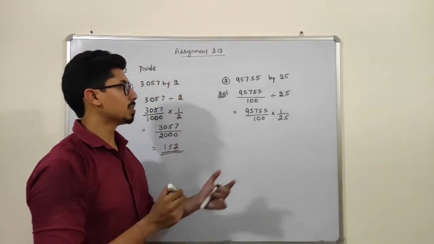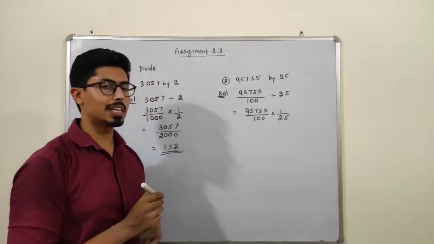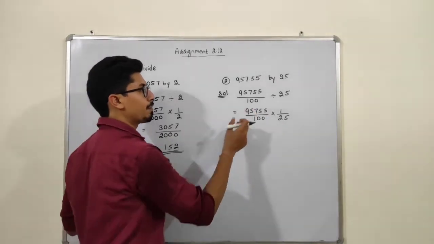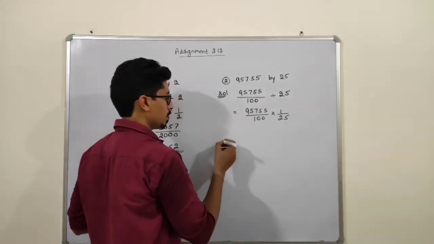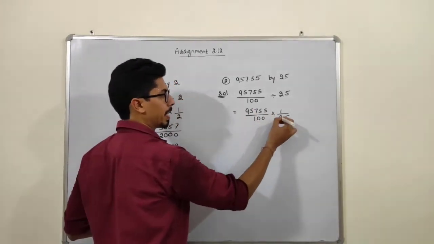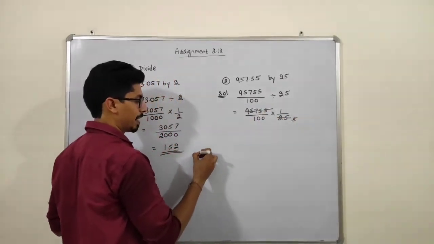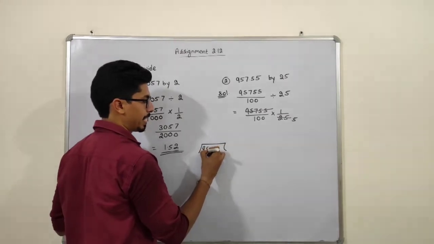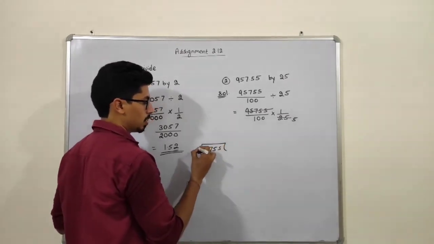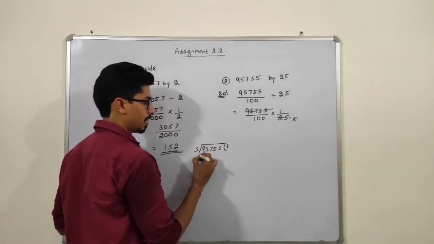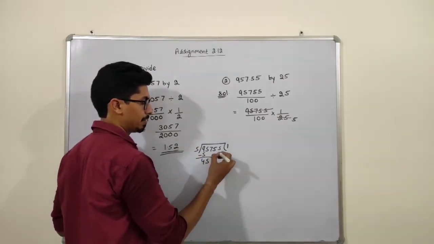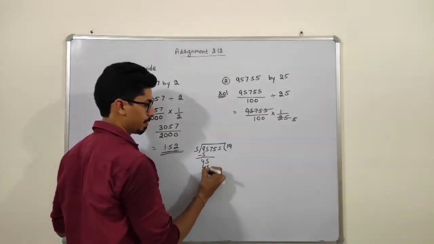Now what I'm going to do is cancel these numbers. So 95755, if I divide it by 5, 5 5s are 25. So 95755, 5 is up 5. Remainder is 4, 45, so 5 9s will be 45.